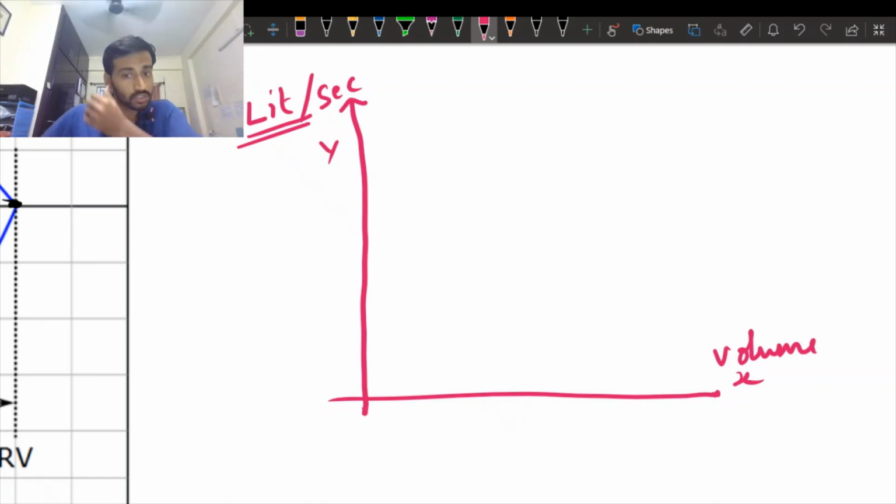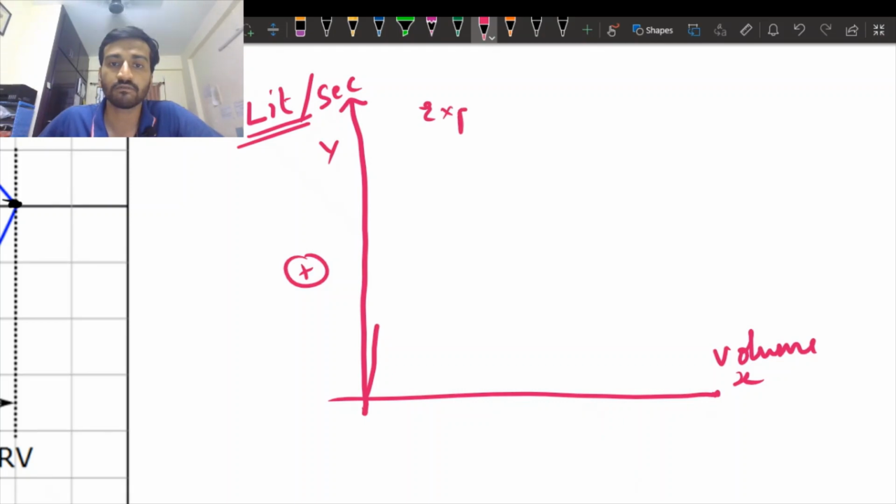Okay, so the main component here is expiration. Okay, that is being on the positive side, the expiration. So if expiration is being done completely, it should reach a volume, you know. Okay, let us do that. So let us discuss the procedure before that.